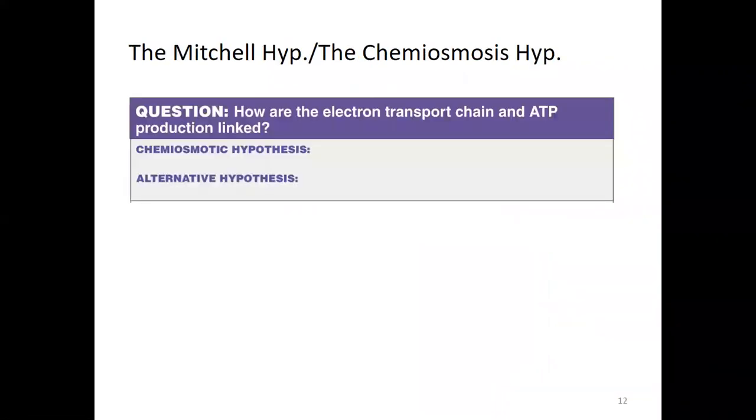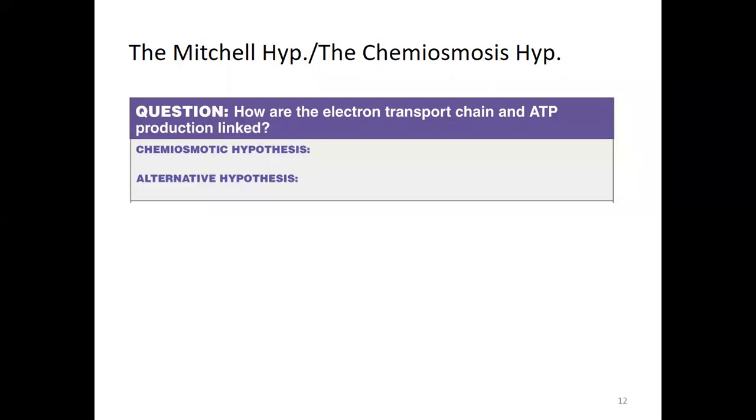There's a hypothesis called the Mitchell hypothesis, or the chemiosmosis hypothesis, after the scientist who came up with it. Dr. Mitchell had this very simple hypothesis. She was looking at the electron transport chains and ATP production, and she was asking, how are the electron transport chain and ATP production linked?